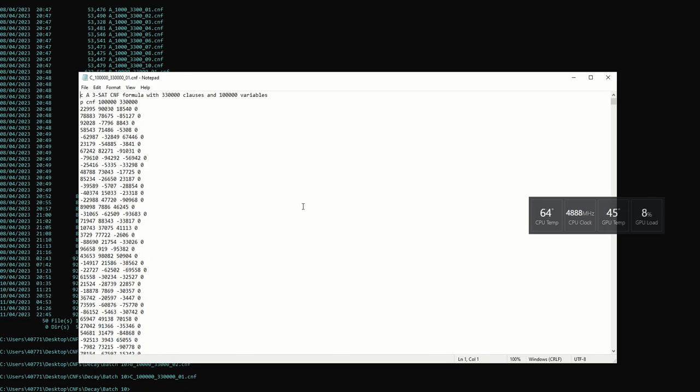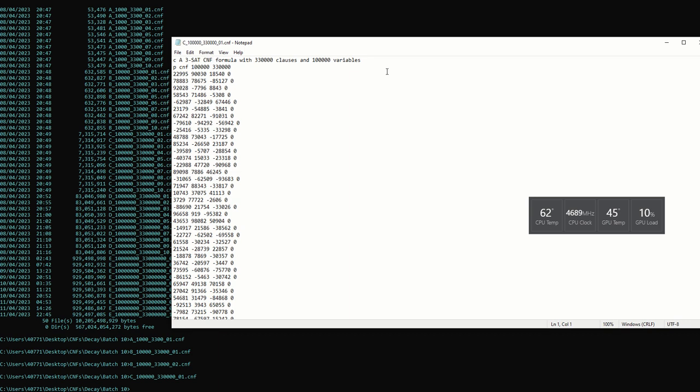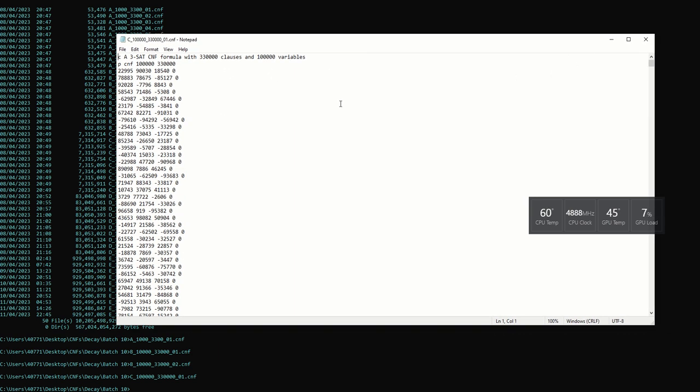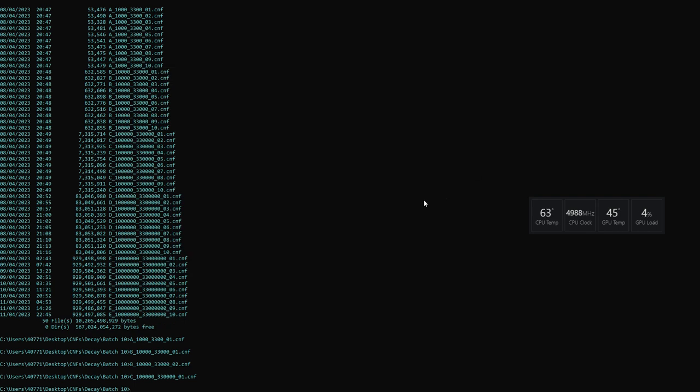Of course, it takes longer because it has 10 times more clauses in it, 330,000 clauses. Batch D has 1 million variables and 3.3 million clauses, and batch E has 10 million variables and 33 million clauses.